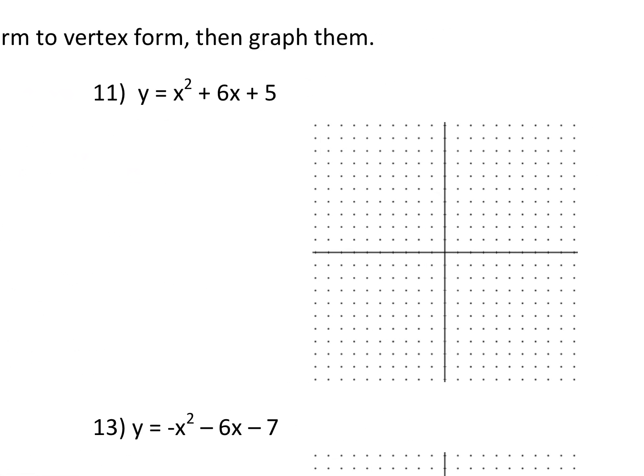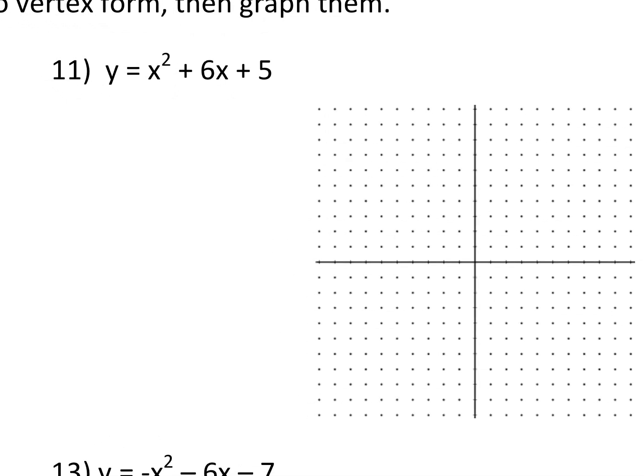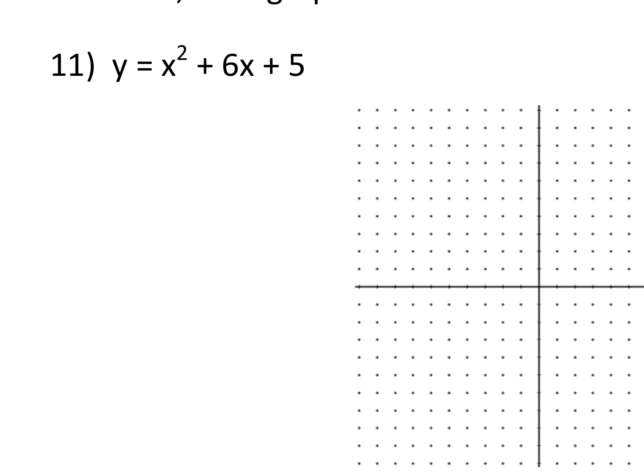Okay, number 11. Same procedure. We're going to transform this standard form into its vertex form. y minus 5 is equal to x squared plus 6x. If I'm going to complete that, 6 divided by 2 is 3, and 3 squared is 9. So it's going to be plus 9.